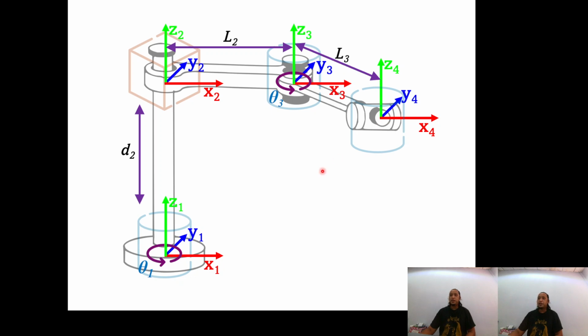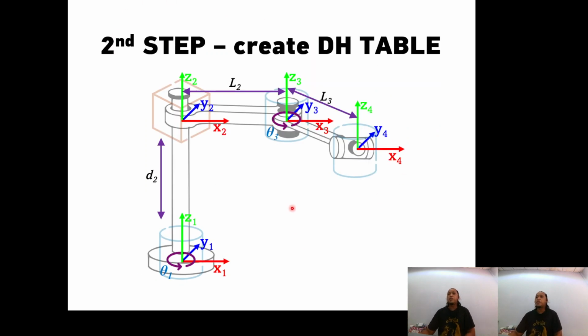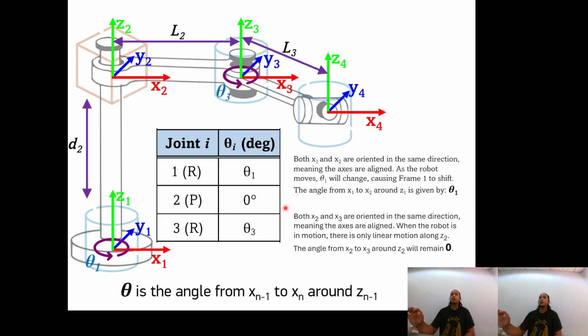Okay, after I draw the frame, the second step is to create the DH table. This is the joint. First, we find the theta in degrees.